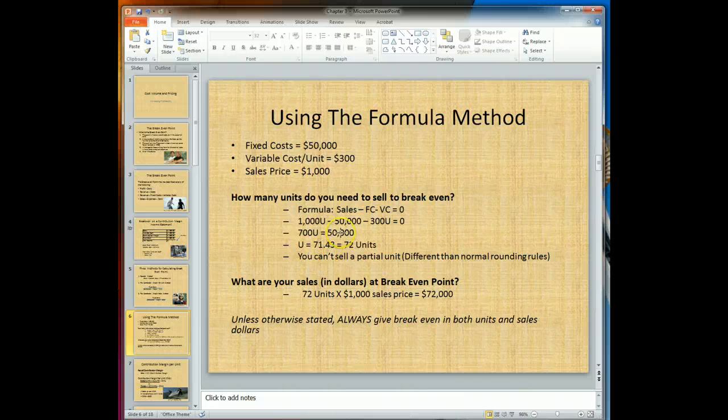Well, what you could do using the formula method is you take 300 times the number of units you need, and you take 1,000, and this is kind of fun, times the number of units you need, and you subtract them, and then you subtract 500,000.